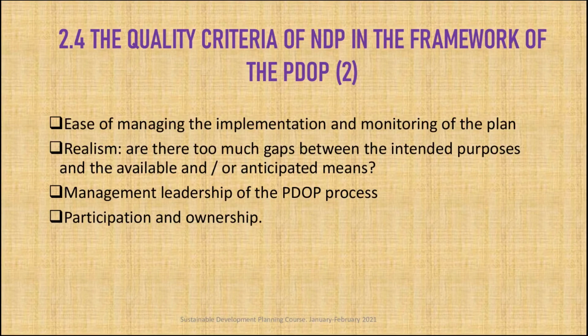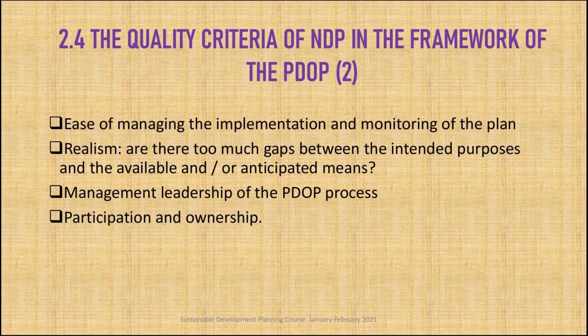The other quality criterion of the plan is its ease of managing the implementation and its monitoring. The following criterion is about realism. Are there too many gaps between the intended purposes and the available and/or anticipated means?